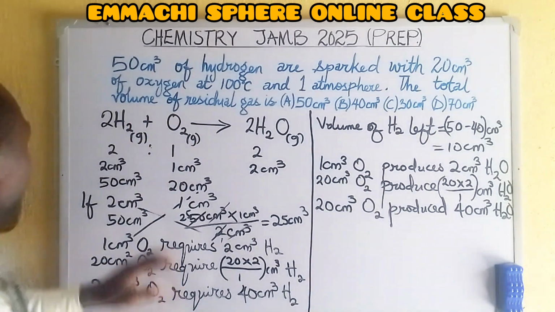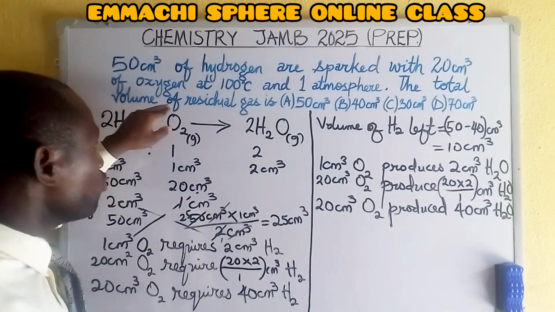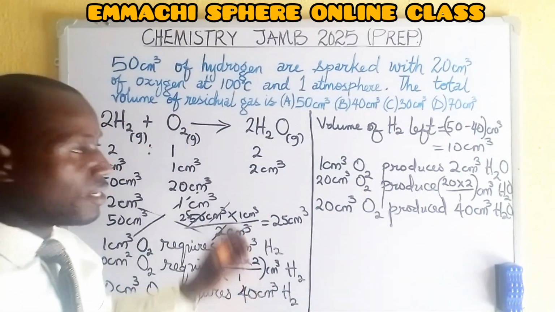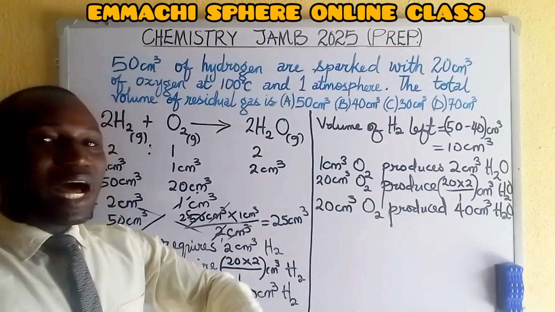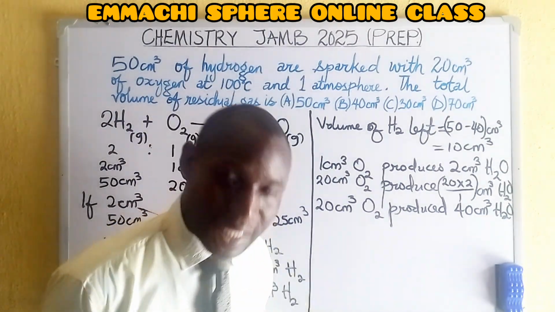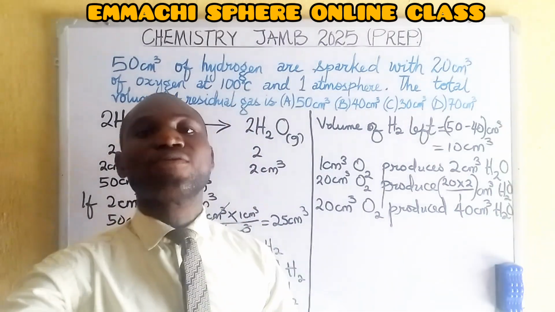Now, the actual question is, what is the total volume of residual gas? We must first understand what residual gas is. Residual gas is the total mixture of gas that is left unreacted, unused, all the gas that is left at the end of the reaction.